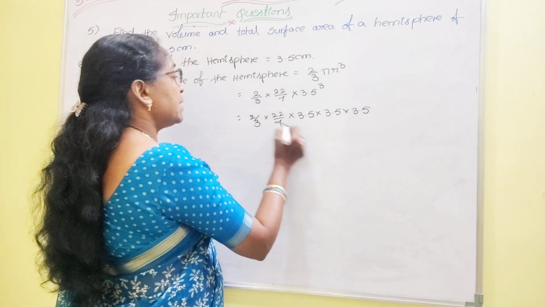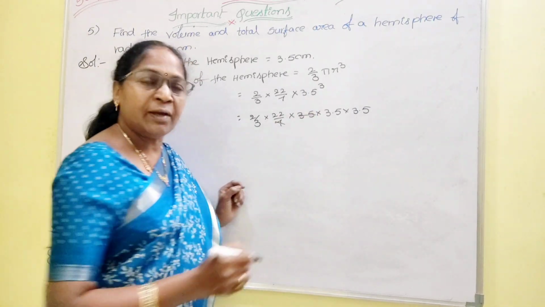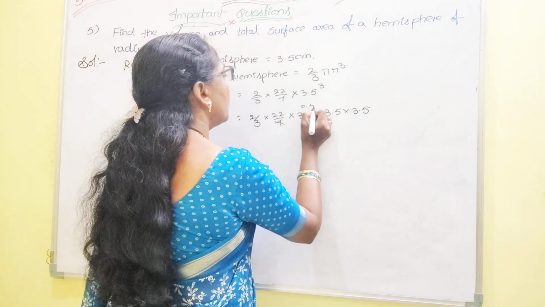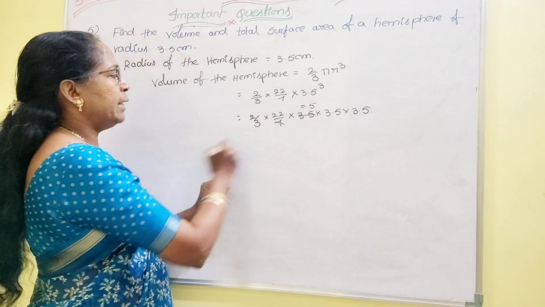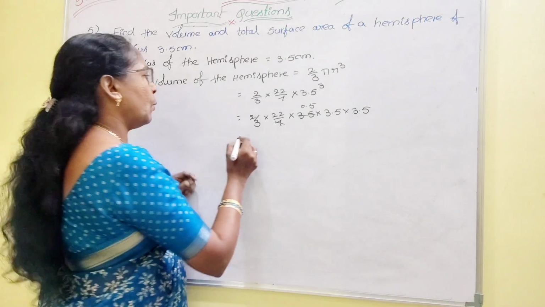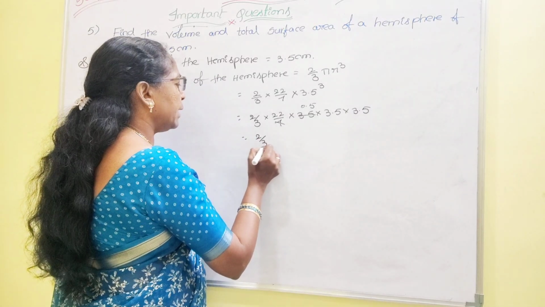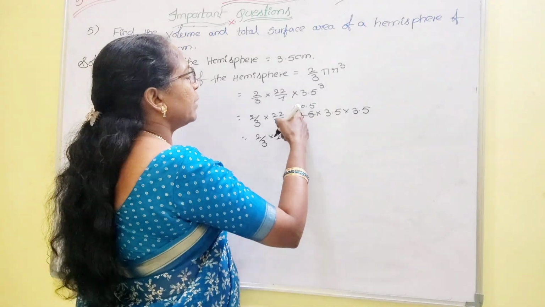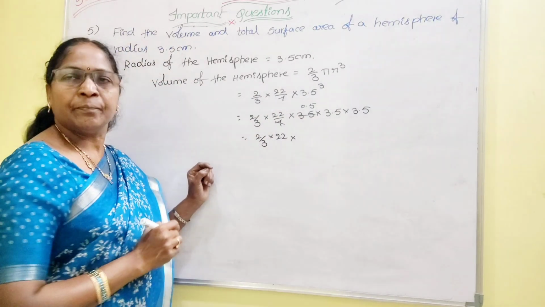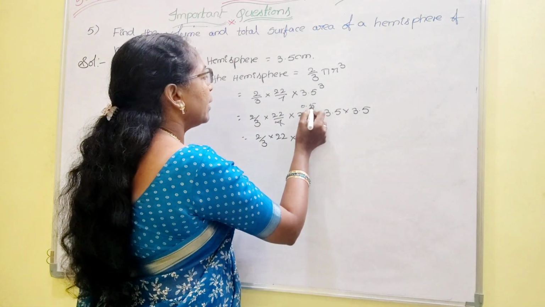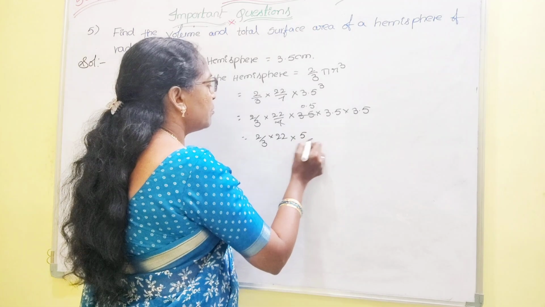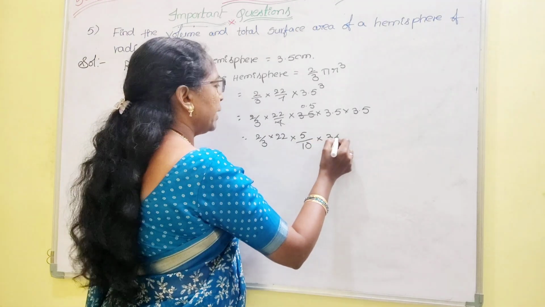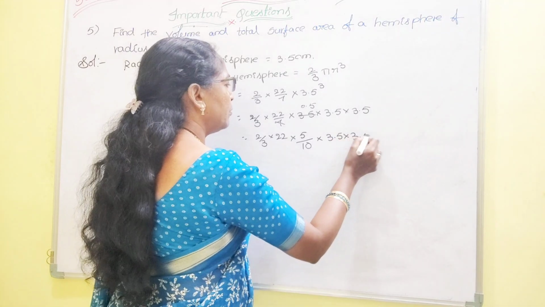Now in this, 7 fives are 35, but here it is 3.5, so you have to write down here 0.5. Any cancellations are there? No. Now 2 by 3 into 22 into 3.5 into 0.5. Otherwise, you can write 0.5 as 5 by 10 multiplication of 3.5 into 3.5.